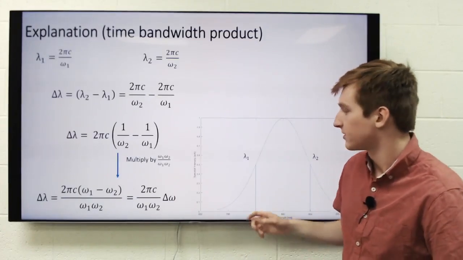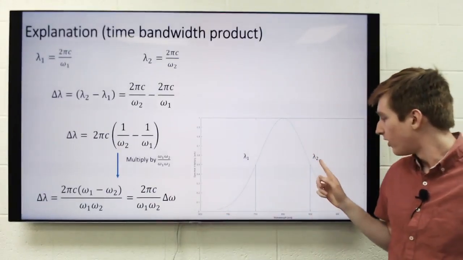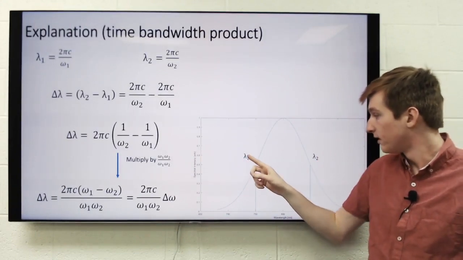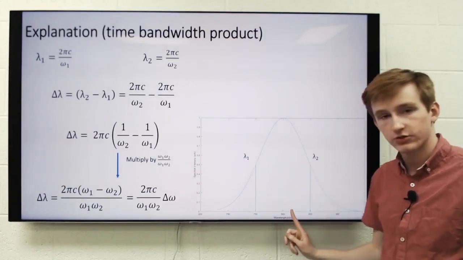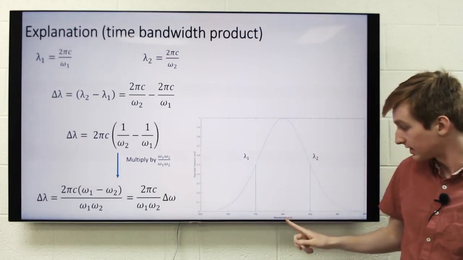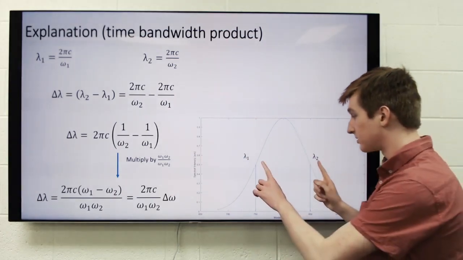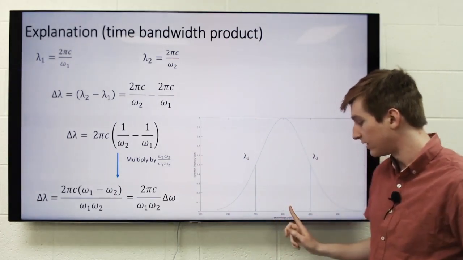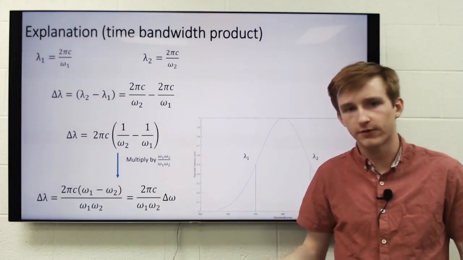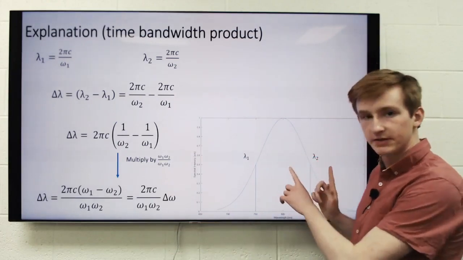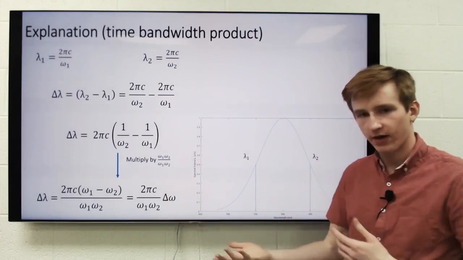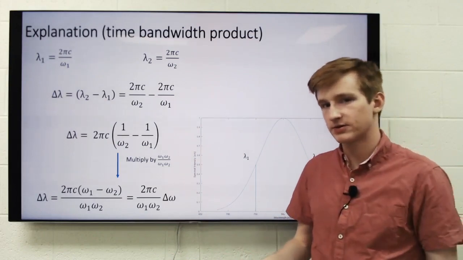And I'm going to go back to kind of explain this approximation. So notice how lambda 2 and lambda 1 are symmetric about the central wavelength. The central wavelength in this case is 800 nanometers. And since they are symmetric about 800 nanometers, when we convert it over to angular frequency, they're also going to be roughly symmetric about their central angular frequency. Right?